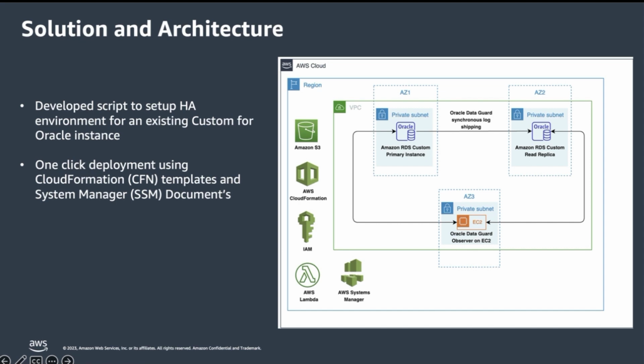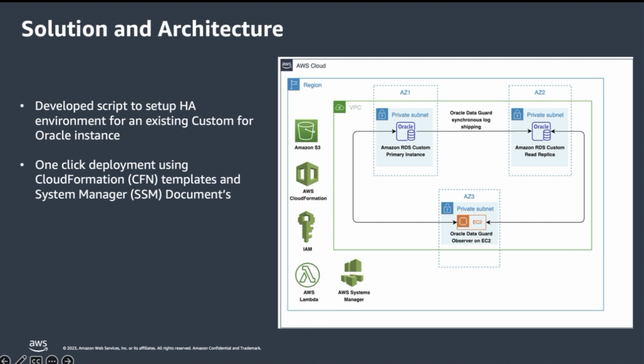This whole solution is a single CFN script, CloudFormation script, that is available to you, which you can use to set up the entire HA for your primary Oracle database instance. We use a single CFN script and use SSM documents within that to perform all the database level tasks, such as making all the data guard configuration changes, setting up fast start failover, and so on.